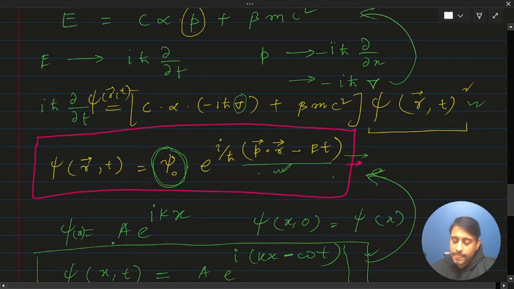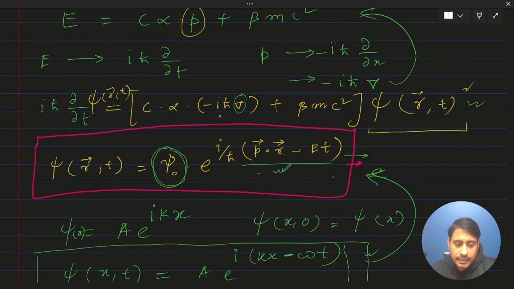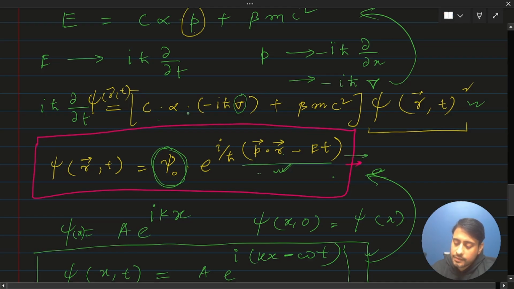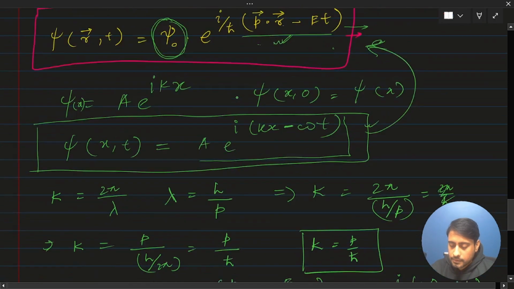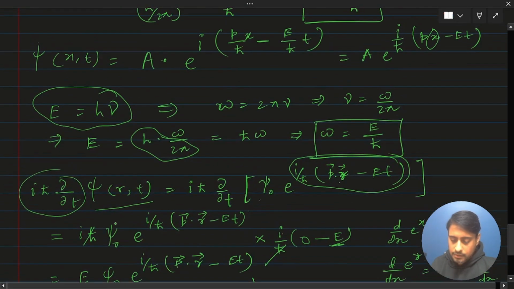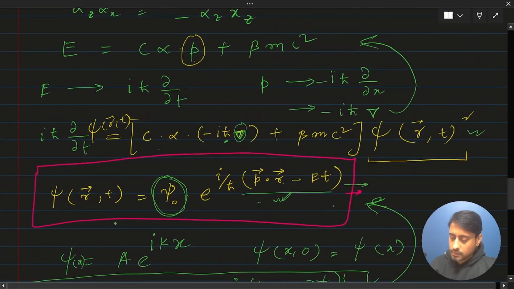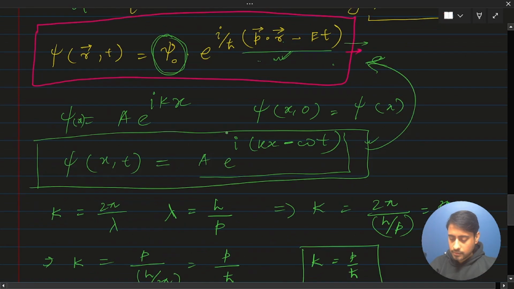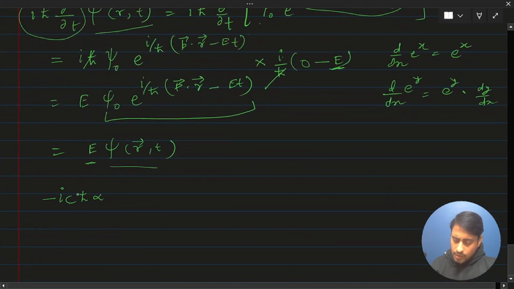This is minus i c alpha h bar and this del operator, or the nabla operator as you call it. So first thing is minus i c h bar alpha, let's just confirm it: minus i c alpha h bar. c and h bar are constants, so we have taken them on the left hand side.